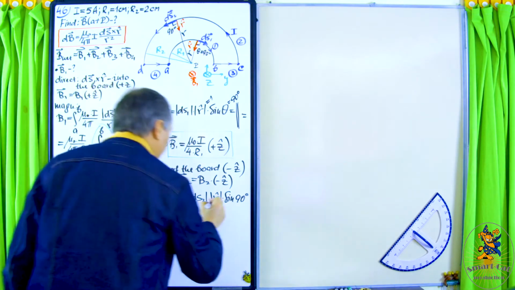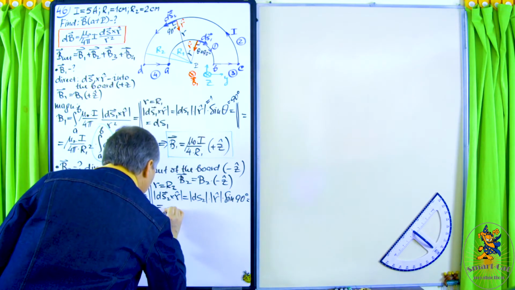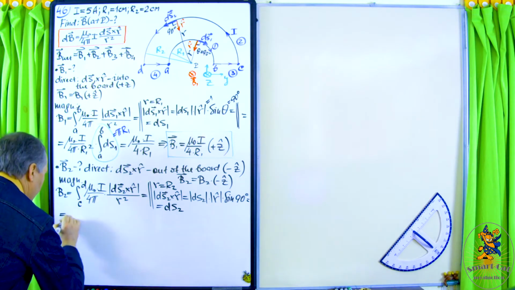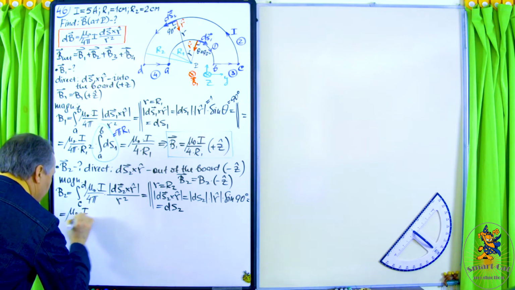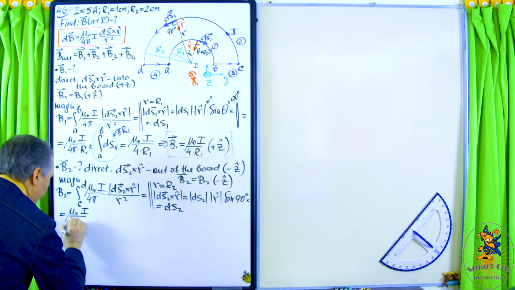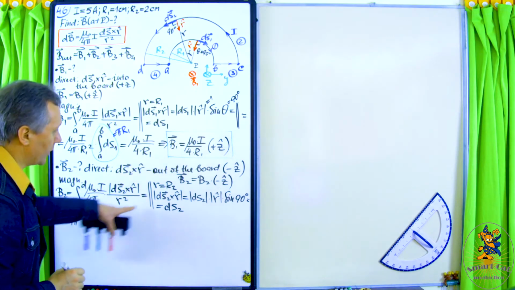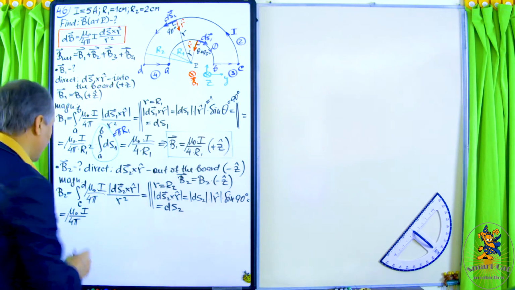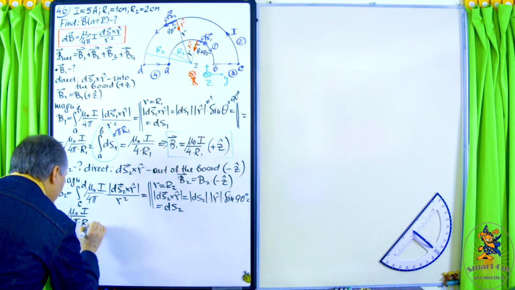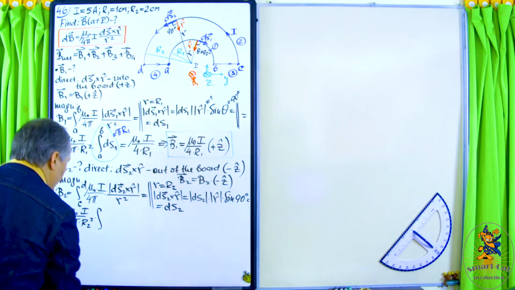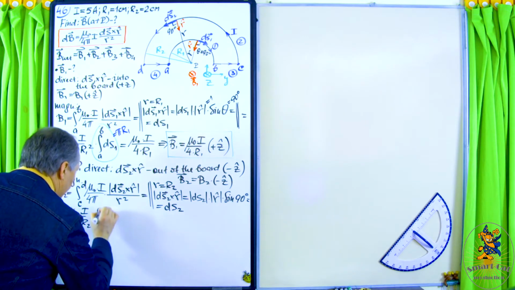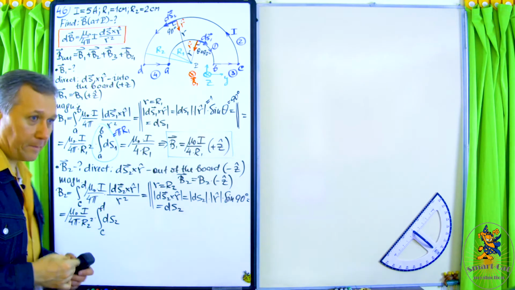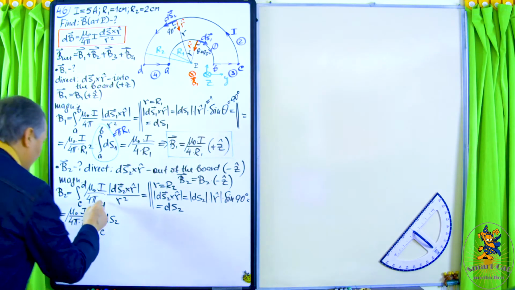So it's just ds2. Constants can be taken outside: mu naught over 4 pi, then r squared, which is R sub 2, can be taken outside of the integral sign. And the integral from C to D of ds2.